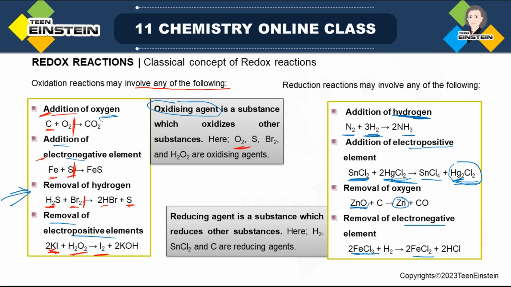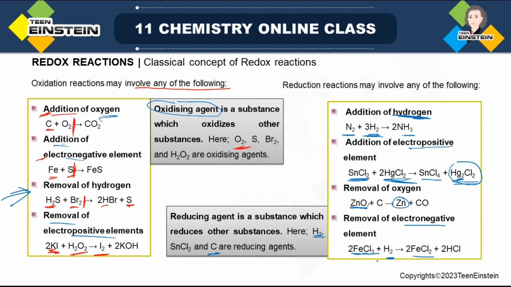Then carbon is the reducing agent in the third example. And in the fourth example, here again hydrogen is the reducing agent. So hydrogen is the reducing agent in both the first example and the fourth example. In this way, we can define the reducing agent.